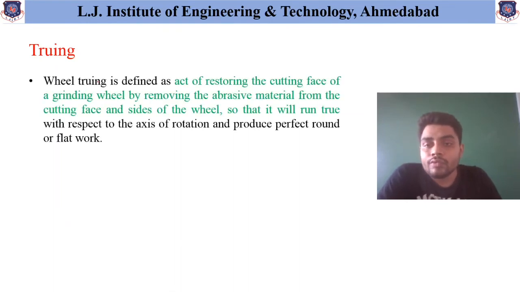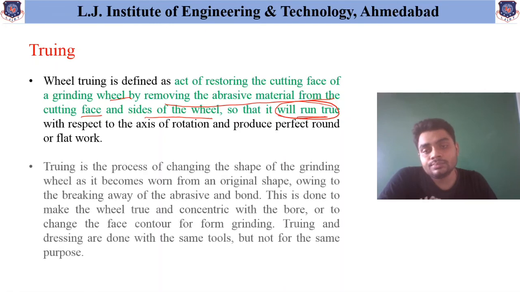Truing is defined as the act of restoring the cutting face of a grinding wheel by removing the abrasive material from the cutting face and sides of the wheel. So it will run true, that means it will remove an equal amount of material from all sides of that grinding wheel.